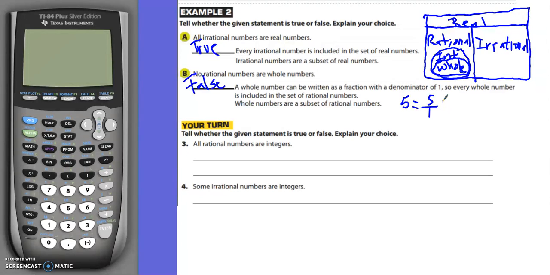Tell whether the given statement is true or false. Explain your choice. All rational numbers are integers. Well, rational numbers cannot go backwards to integers. So that is a false statement. It's actually written backwards. All integers are rational numbers.